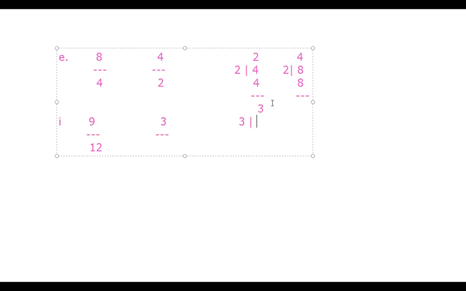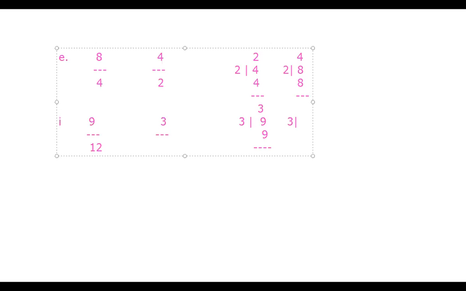Here on this screen, it is very difficult to do these questions, so I'm just trying to help you in a different way. This is not the result, this is only the quotient. We got the quotient. Now what we have to do? We have to divide 12 with the quotient.